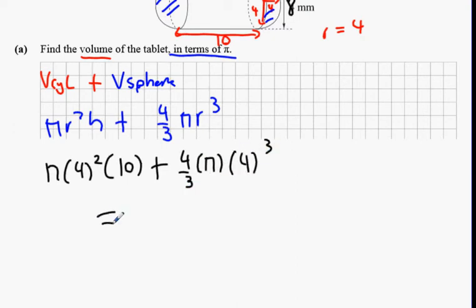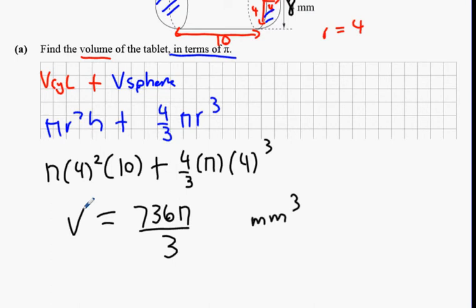Can anyone tell me what the answer to that is? Something like 736. 736 pi over 3 millimeters cubed. Just put all that into the calculator and it'll give you the volume.